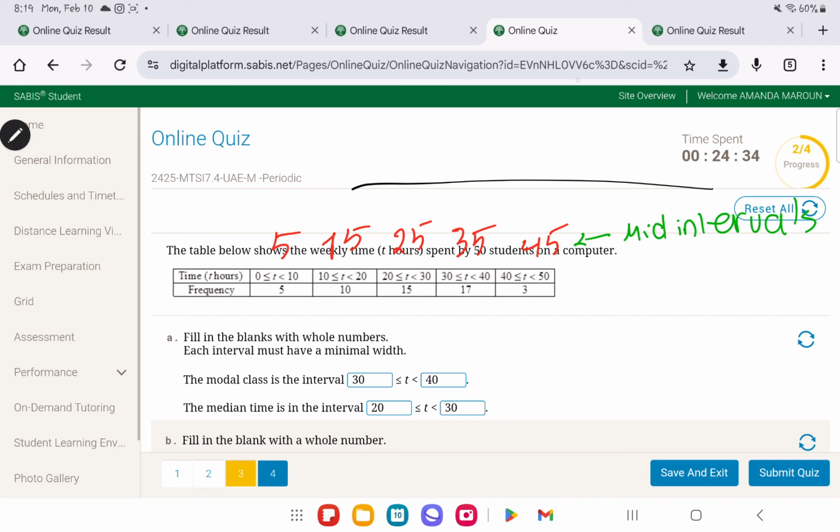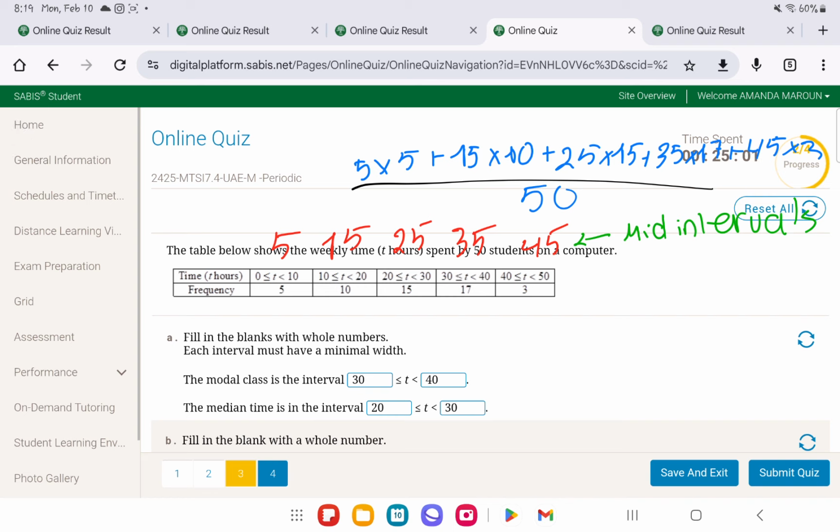the mean. Now what you're going to do is you're going to multiply the mid-intervals by their frequency. So 5 times 5 plus 15 times 10 plus 25 times 15 plus 35 times 17 plus 45 times 3, all of it over the total frequency, which is 50. And then you are going to get the mean.